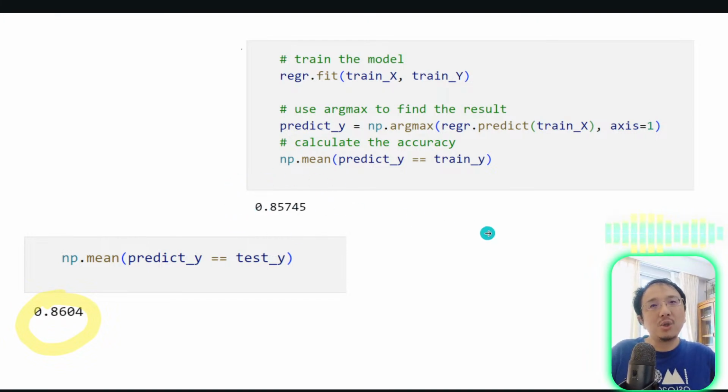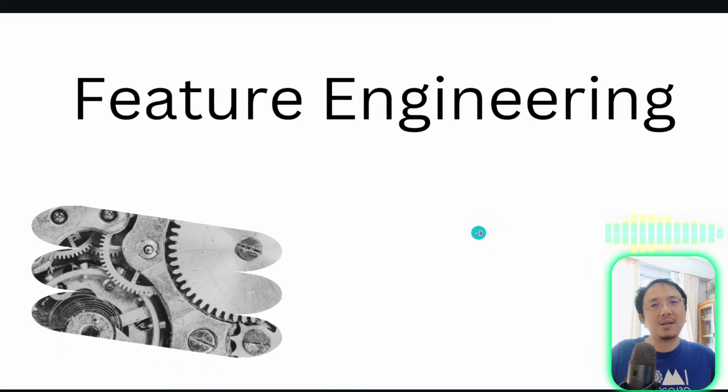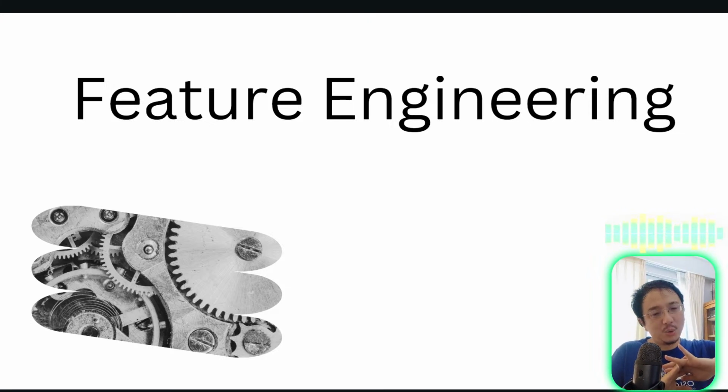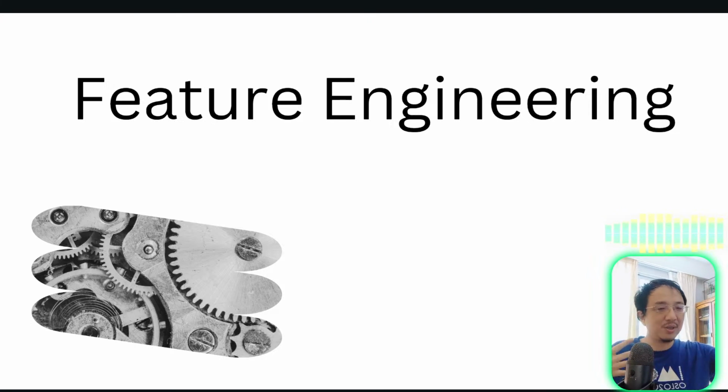There are many ways to do that. One way is feature engineering, because linear regression is very limited. You can see that it is a very simple model. It is a linear model.